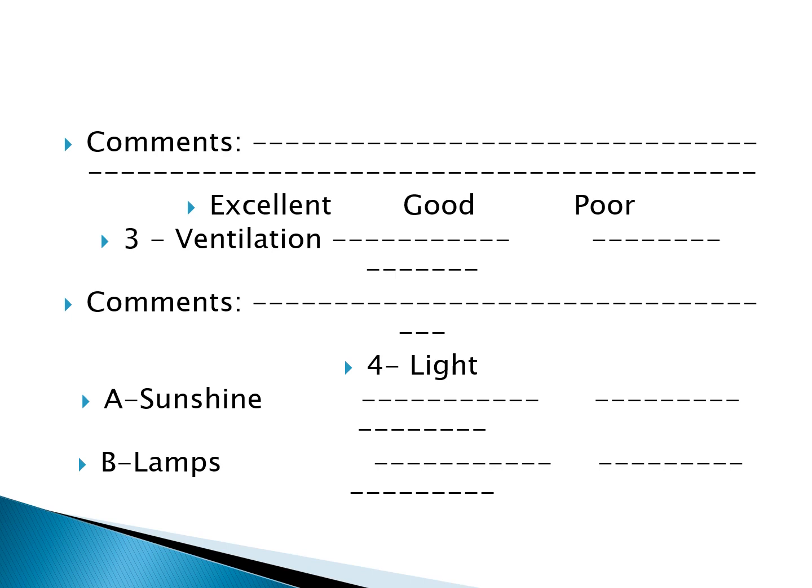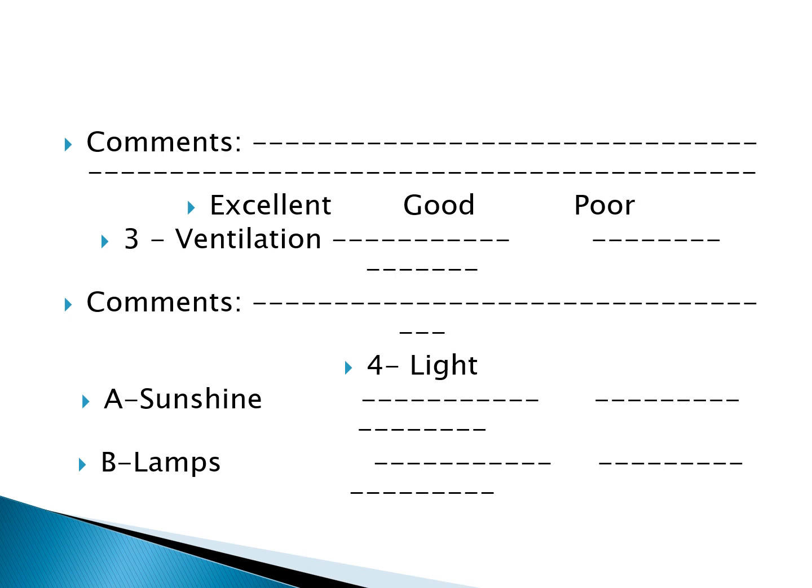Item number 3 in physical environment, ventilation. Whether this unit has excellent, good, or poor ventilation, you should write a comment to explain your answer. Item number 4 in physical environment, light. Light contains 2 items, sunshine and lamps.